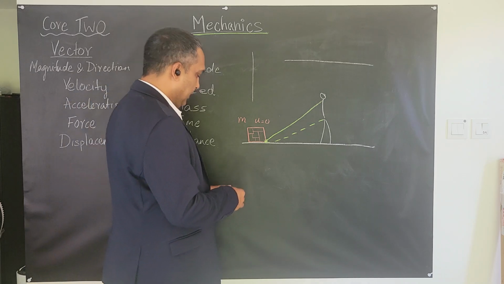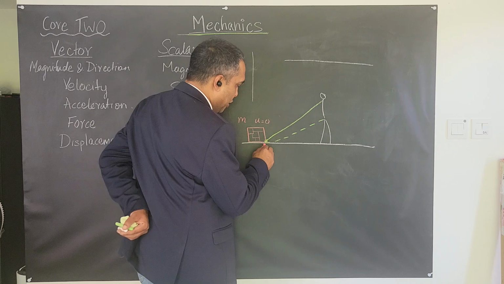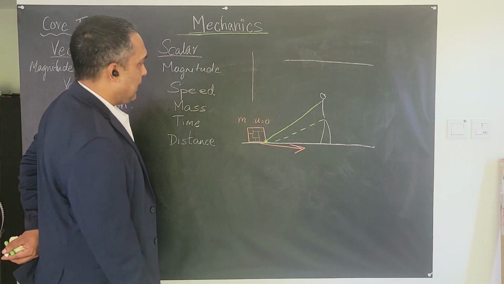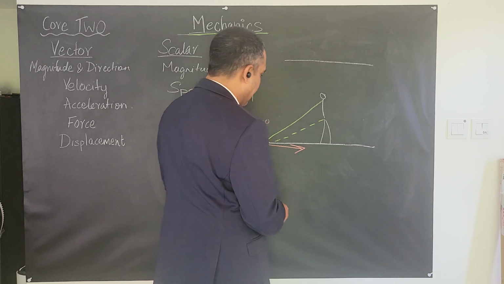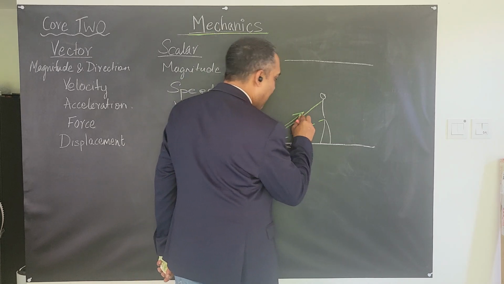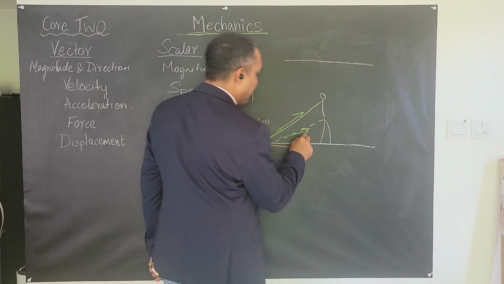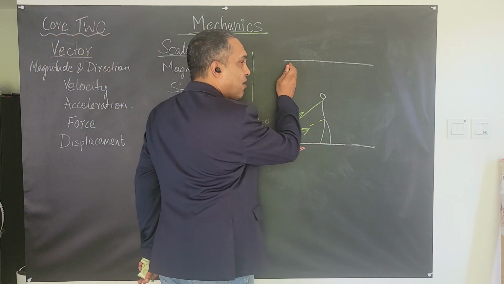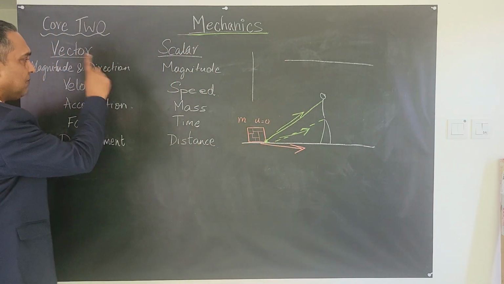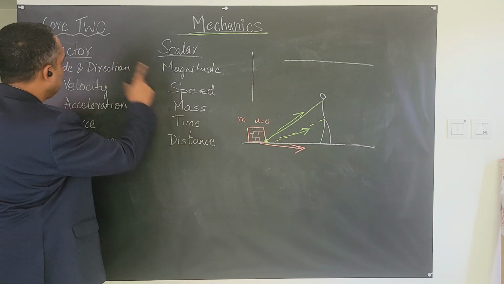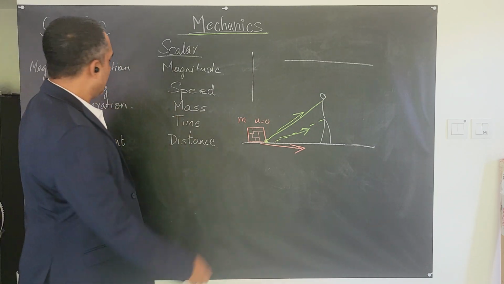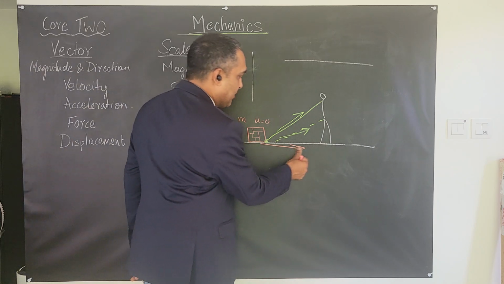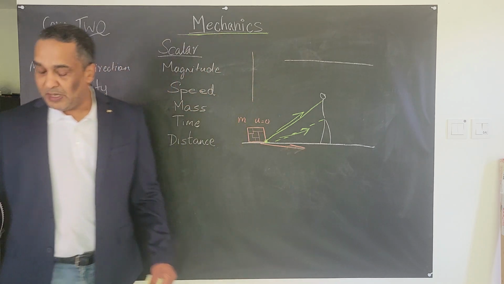I want this object to move in this direction, and my force is applied in this direction. You're asking me to apply it in this direction. Oh my goodness. So I hope you can appreciate why we've talked about direction, vectors, force as a vector, and where I'm tying this to in real life.